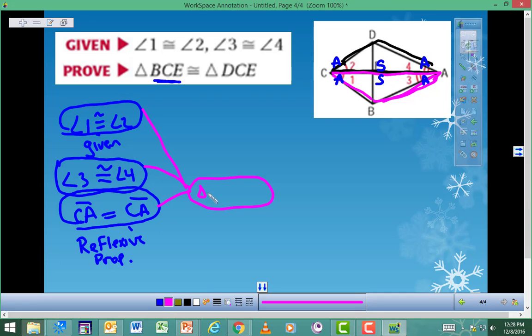Triangle CDA. I'm running out of space. I need to make my bubble bigger. It's congruent to triangle, the one on the bottom. I'm going to call that one CBA.